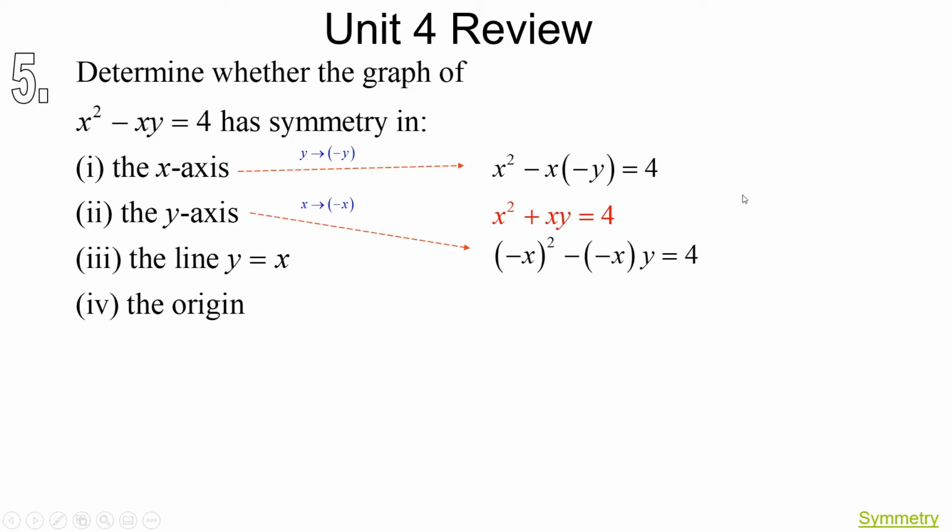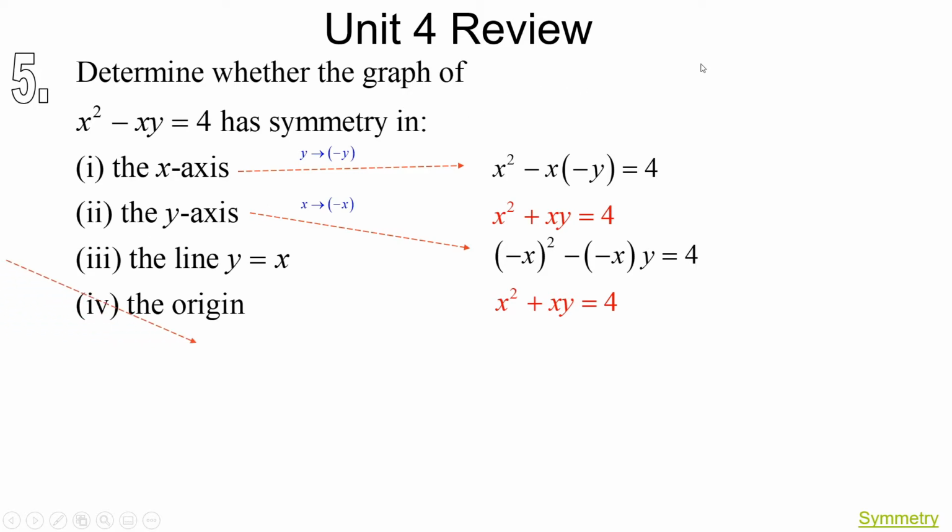Now let's simplify and look what we have again. I have negative x squared would be x squared, and minus a negative x times y would be plus xy again equals 4. Not the same equation, so this equation does not have symmetry in the y-axis either.